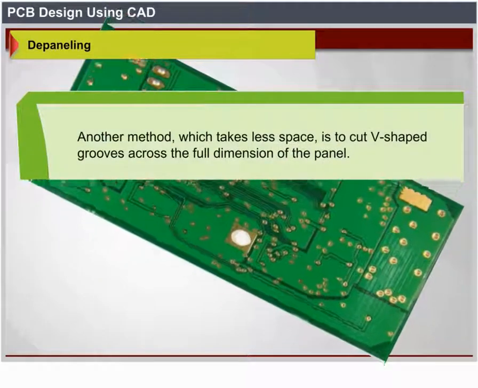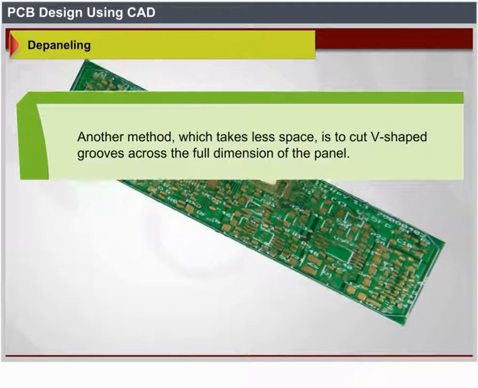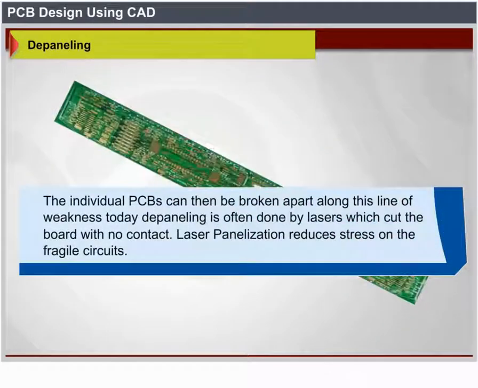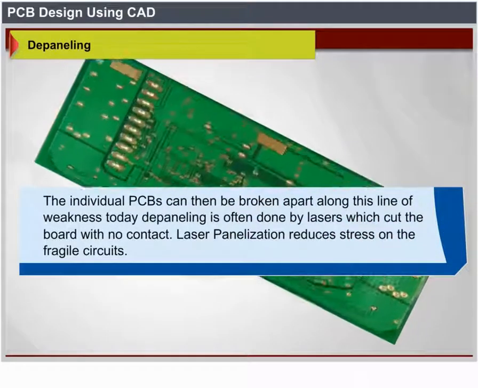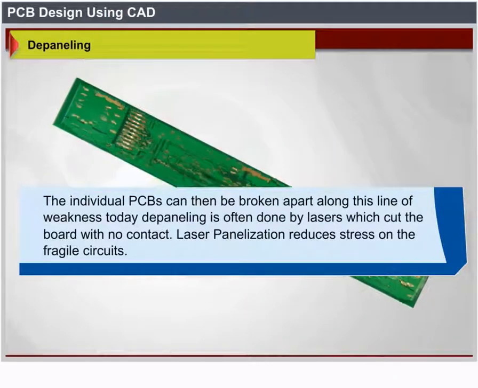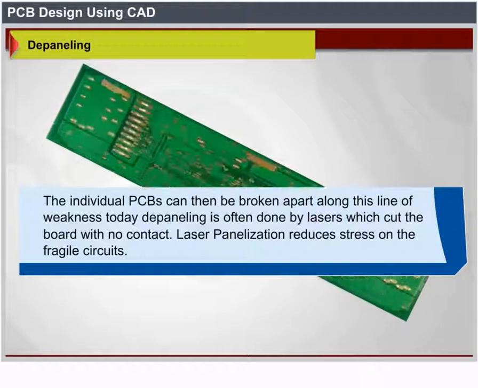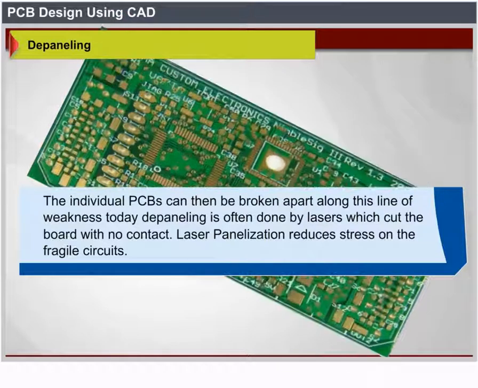Another method, which takes less space, is to cut V-shaped grooves across the full dimension of the panel. The individual PCBs can then be broken apart along this line of weakness. Today, depaneling is often done by lasers which cut the board with no contact. Laser depaneling reduces stress on fragile circuits.